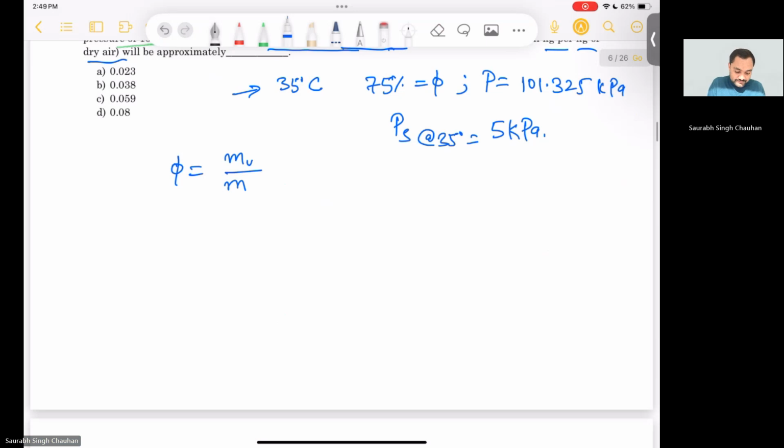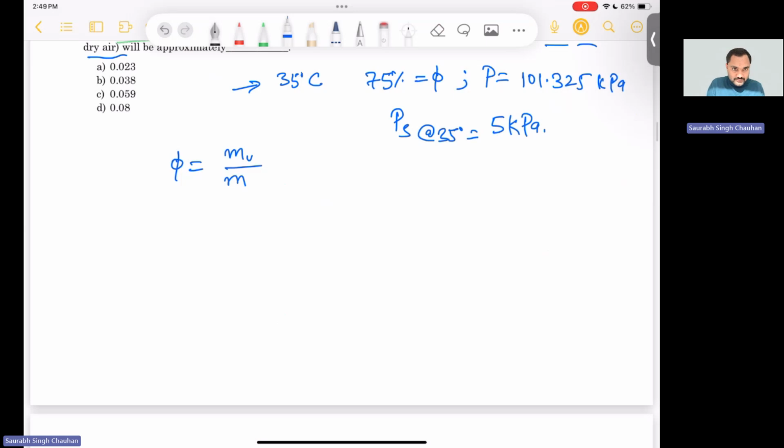So relative humidity is the actual mass of water vapor in the moist air divided by the maximum mass of water vapor that you can put in the moist air at the given pressure. In terms of pressure, you can write it as PV, the partial pressure of water vapor, divided by PS, the saturation pressure.